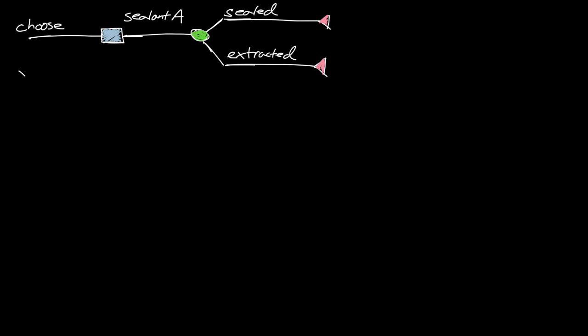And we said that for stage 0 of the Markov model, the probability that it's sealed is 1.0, which makes the probability that it's extracted 0. So in stage 0 of the Markov cohort, it starts out where 100% of the teeth are sealed and 0% of them are extracted.